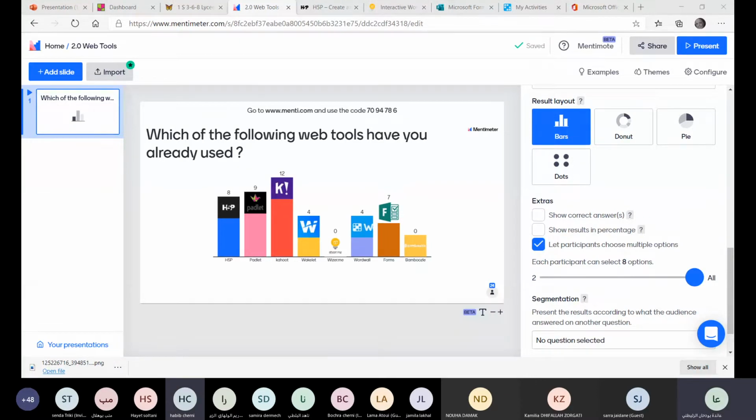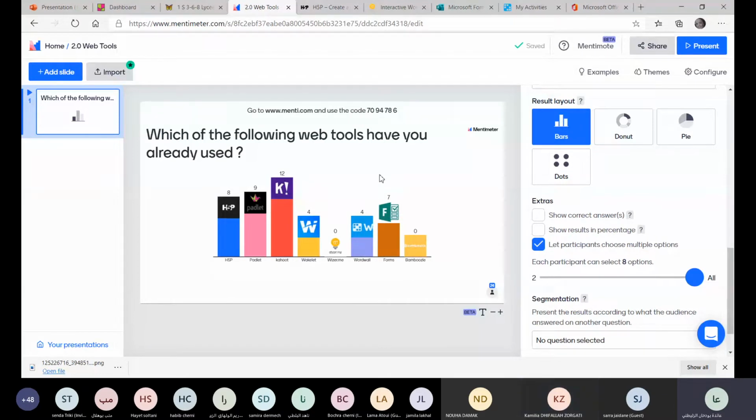Mrs. Zlitni, are you still with us? Yeah, I'm here. I'm analyzing the results to see if I can add in Bamboozle something. Wordwall is okay. So I can see that so far Kahoot is topping the list.